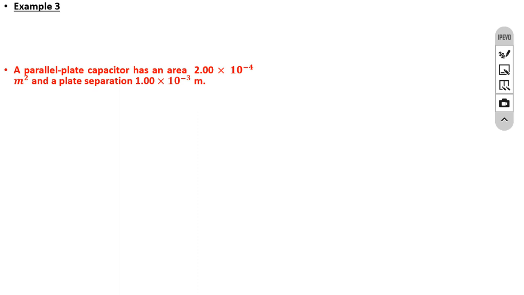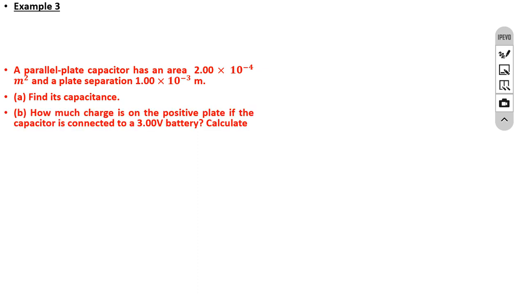Example 3. Let's look at this example. This one says, a parallel plate capacitor has an area of 2 times 10 to the power minus 4 meters squared and a plate separation of 1.0 times 10 to the power minus 3 meter. Find the capacitance.